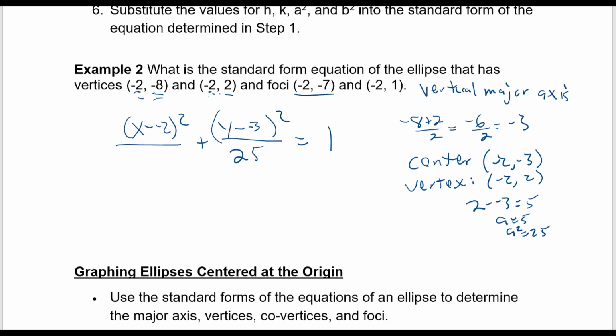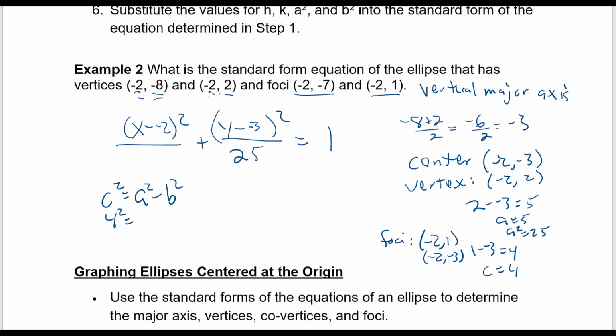Now if we look at the foci, how far is it from the center to one of these? So going from (-2, 1) to (-2, -3), that's 1 minus -3, which is 4. So c is 4. So we're going to use c squared equals a squared minus b squared. So 4 squared equals 25 minus b squared.